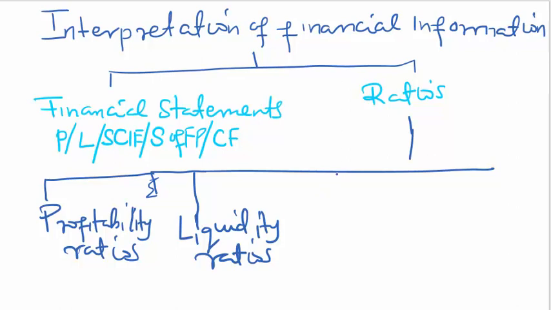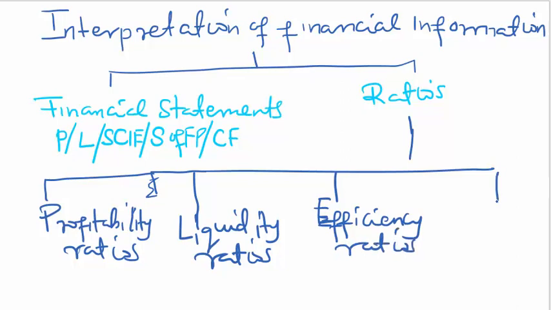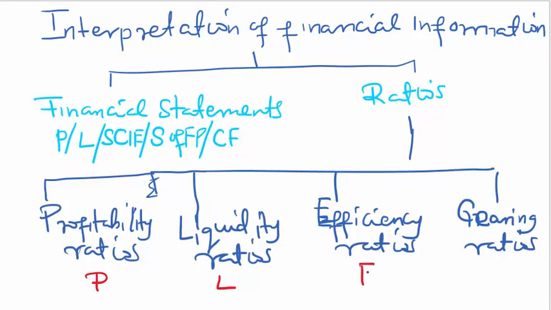We will look at efficiency ratios. And then we'll finally look at gearing ratios. If you're new to accounting, this could be a lot to take down, but to help you remember, think of them using this mnemonic. So let's start with profitability ratios.